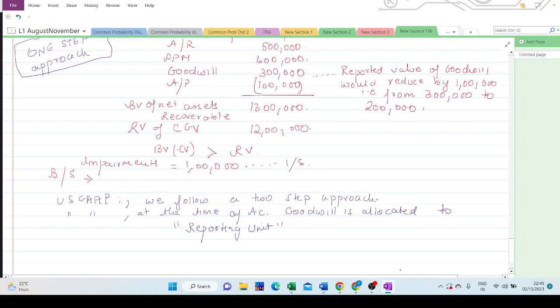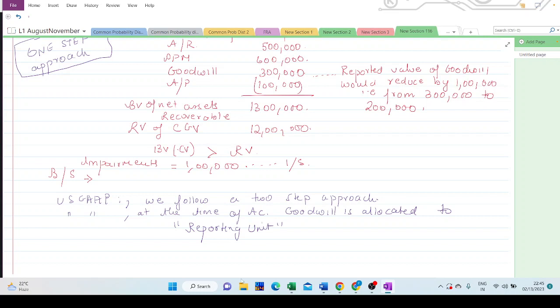Now very loosely speaking, CGU and reporting unit are same. What CGU is in IFRS, you can loosely think that the same is reporting unit under US GAAP. ठीक है ना? So at the time of acquisition, goodwill is allocated to reporting unit, and reporting unit is more or less like a CGU.